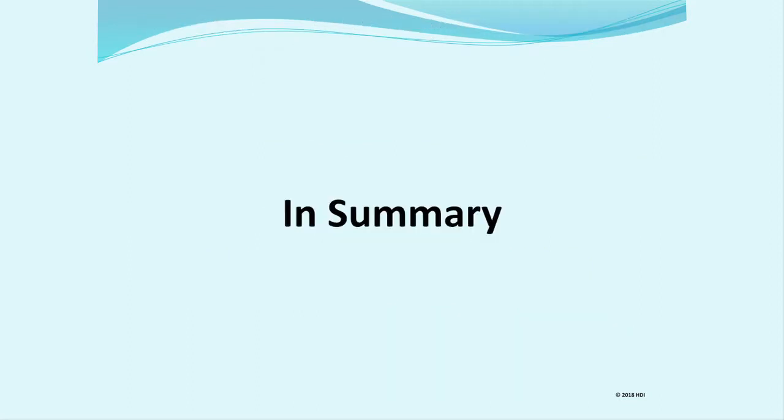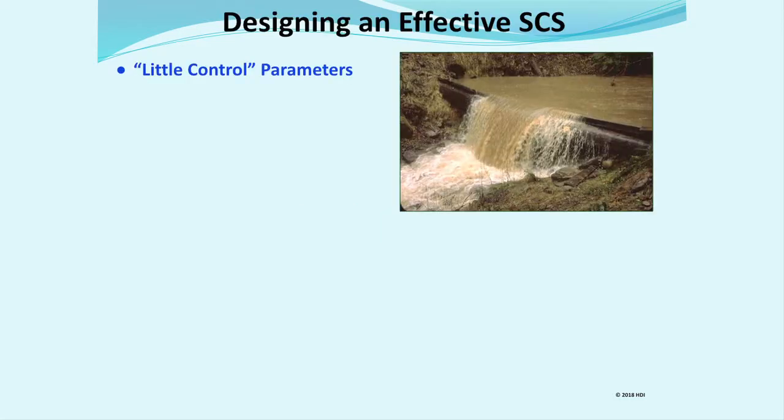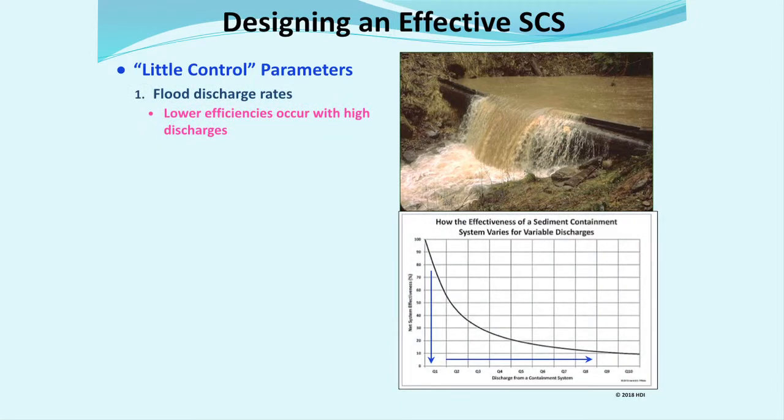So basically, as we summarize, getting close, aren't I? We don't have any control, but we have to design for discharges out of the system. And that's fine and dandy, but remember, the higher the discharge, the lower the efficiency of our pond. The lower the discharge, the higher the efficiency.